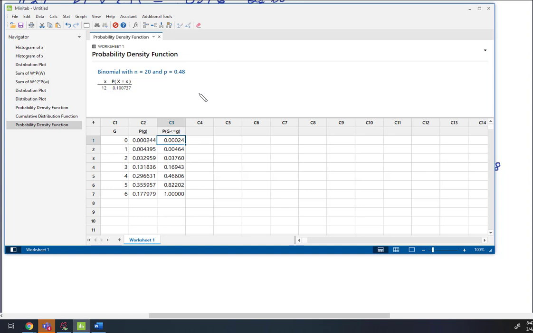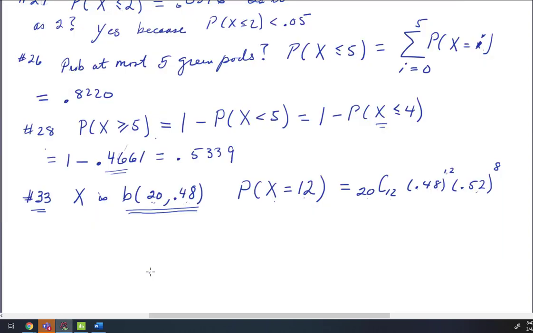Now, there's a next part of this question on 33. It says, would x equal to 12 be unusually large?